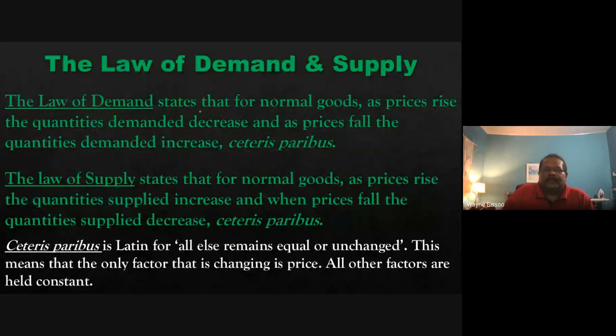So what we said is that in trying to demonstrate the law of demand, we're only going to be changing this one variable here, prices. All other factors or determinants that can impact upon demand have been held constant, thus the phrase ceteris paribus.